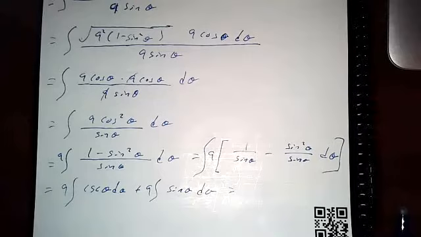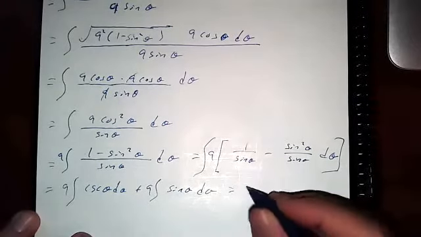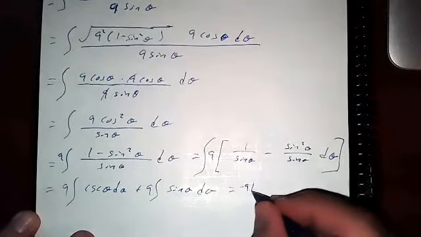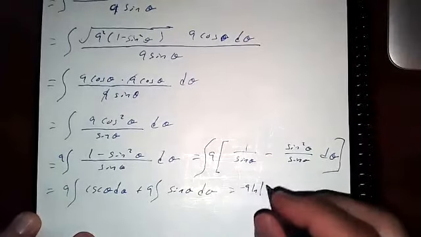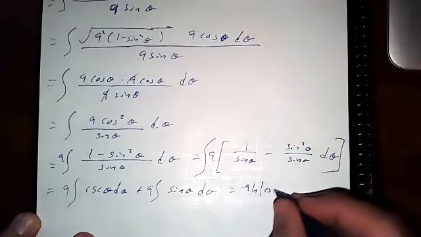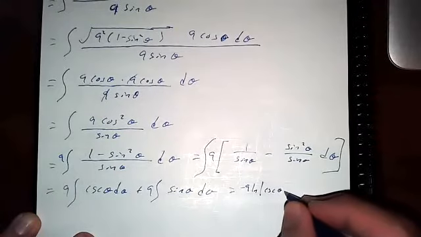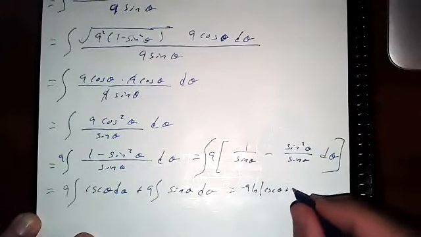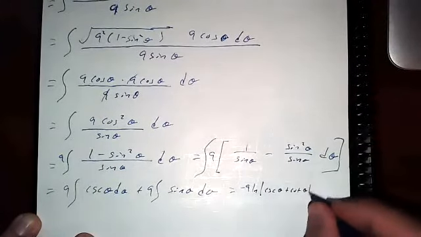There's a plus in the middle, right? Yeah, there it is. Okay, so we have a negative 9 ln cosecant theta plus cotangent theta.